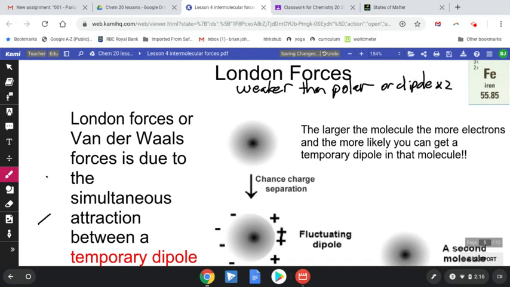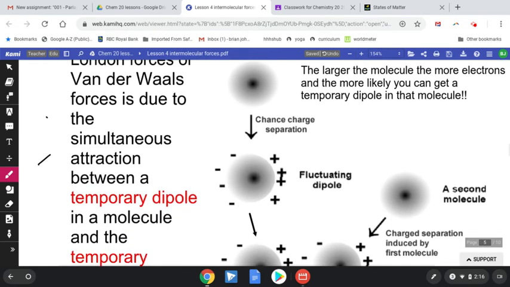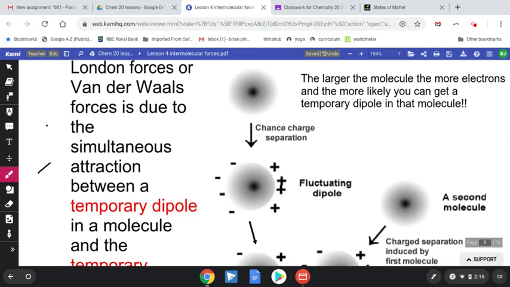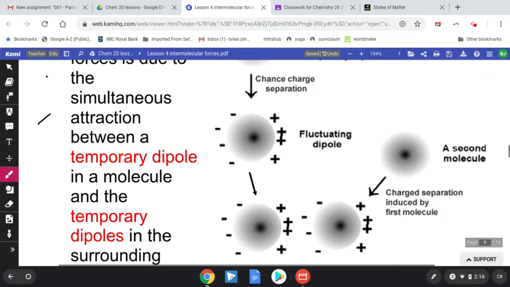And it's really just due to the electrons that are hovering around the valence of a molecule, or all of the electrons. So the example that I'm going to show you here is an individual atom, and it has all of its electrons. Let's pretend that this atom has 4 electrons.